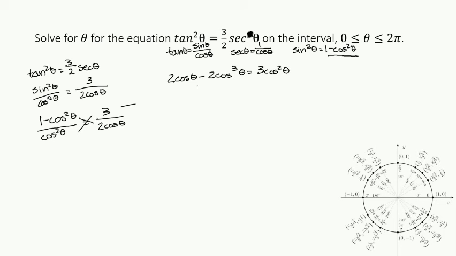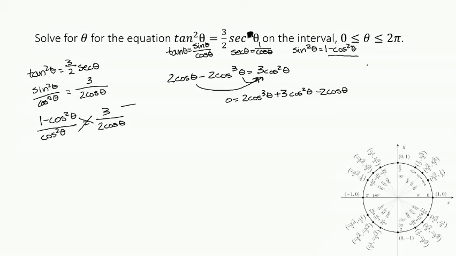So then we can move everything to one side, which I'm going to move this way, because that way we will have a positive first term. So 0 equals 2 cosine cubed of theta plus 3 cosine squared of theta minus 2 cosine of theta.